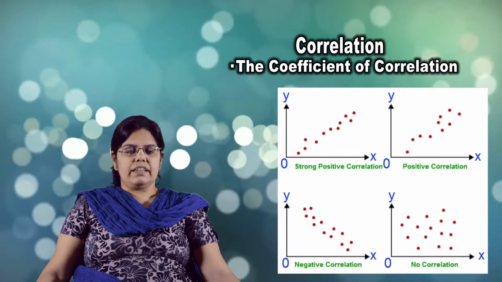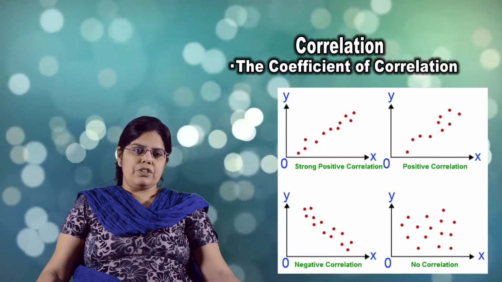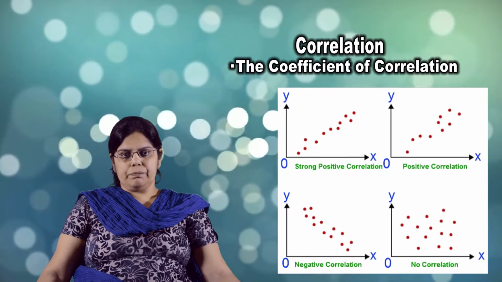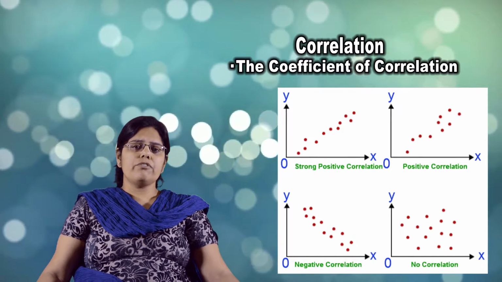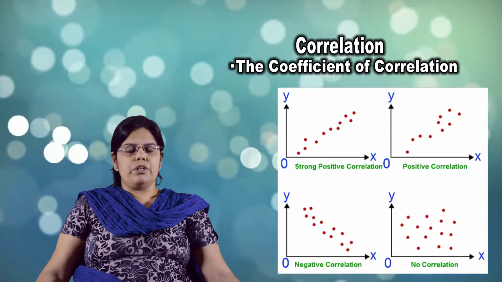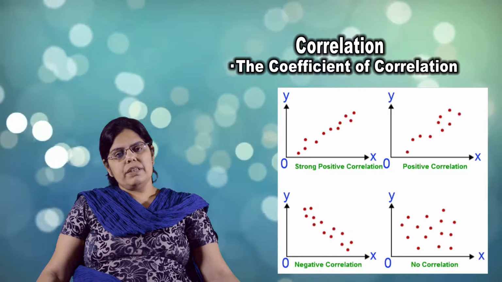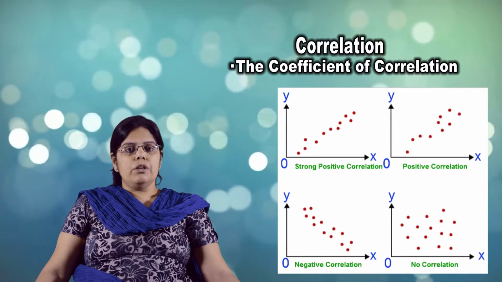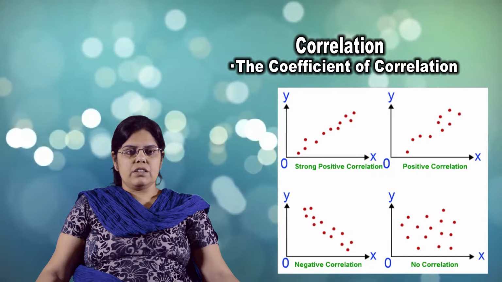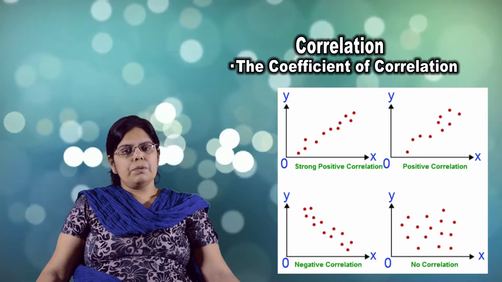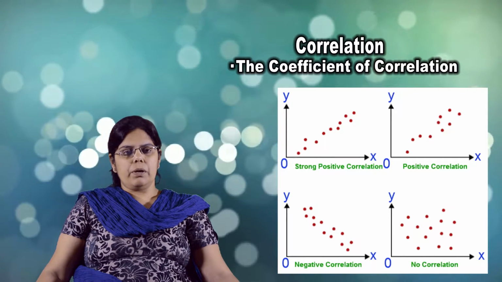After understanding the three types of correlation, now let's see what is the coefficient of correlation. The degree of correlation is measured by the coefficient of correlation and is represented by small r. It is a ratio which expresses the extent to which the changes in one variable are accompanied by the changes in the other variable.